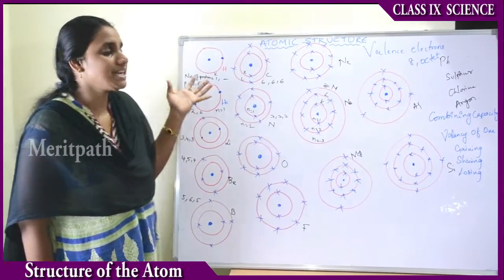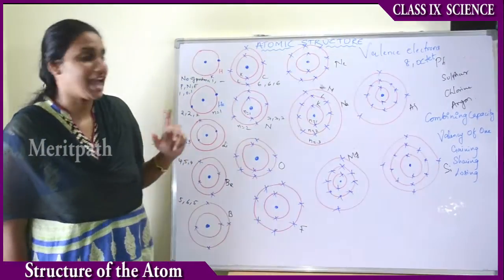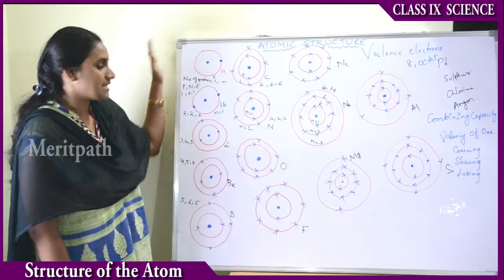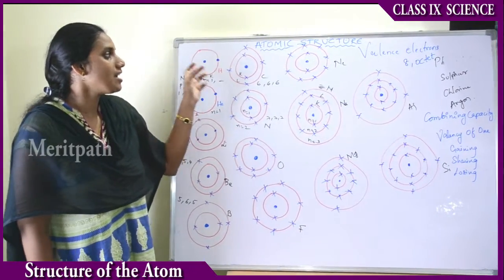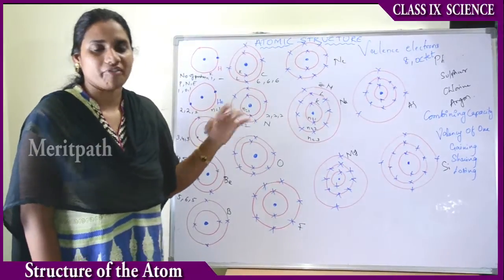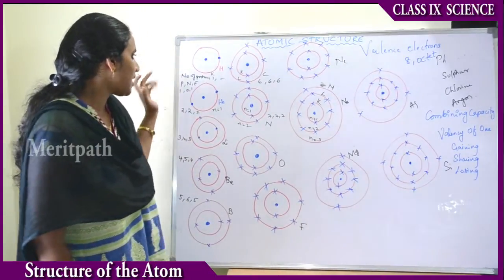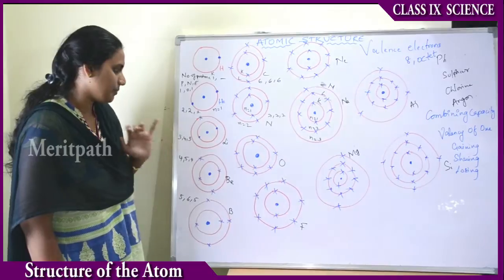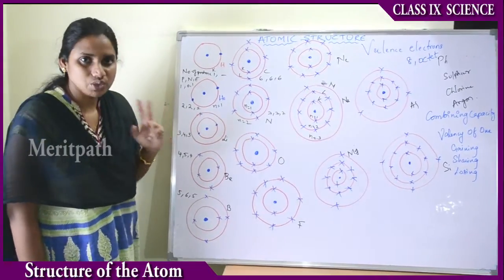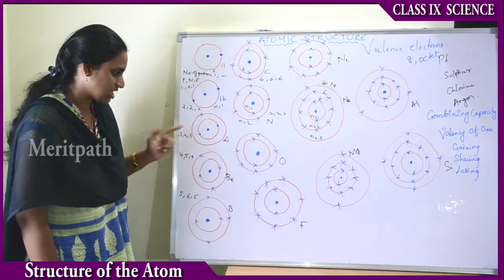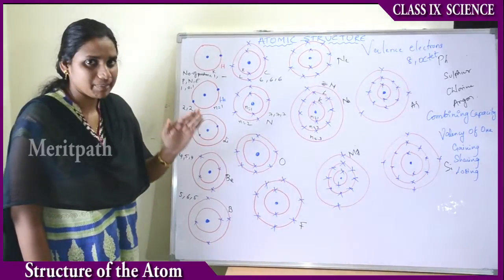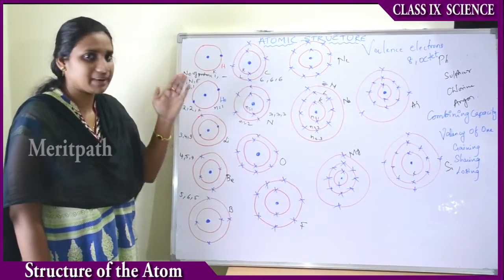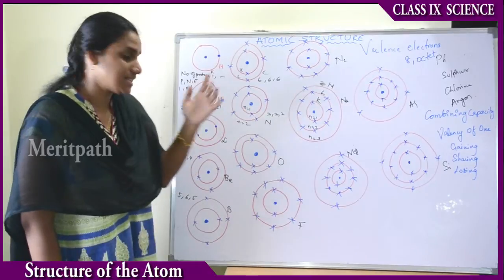Valency electrons are defined as the electrons which reside in the outermost shell of an atom. For example, take lithium. Lithium has two shells, the first shell and the second shell. When the first shell is completed, the electrons are further placed in the outermost shell, that is, the second shell.